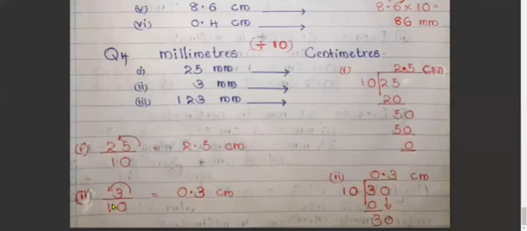Another way, 3 divided by 10. You think that your decimal point is somewhere here, then you move only one place from right to left. Here the decimal point, here 3. So to separate, you write 0 here, 0.3.